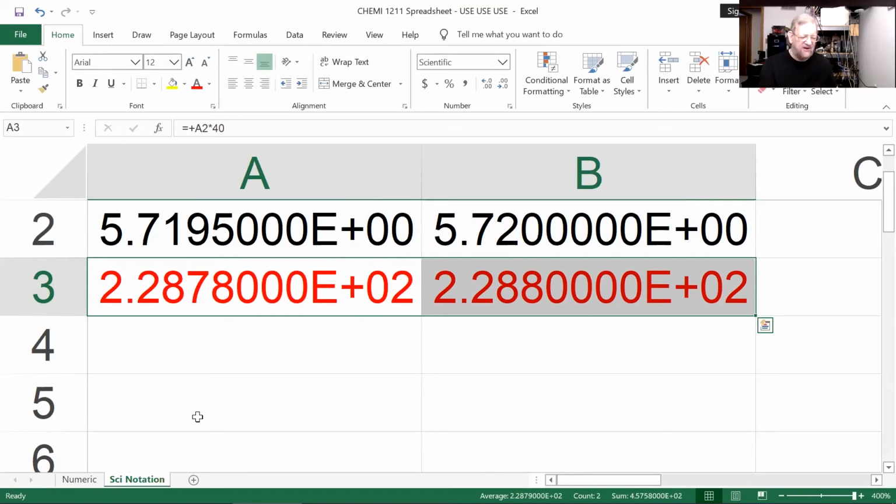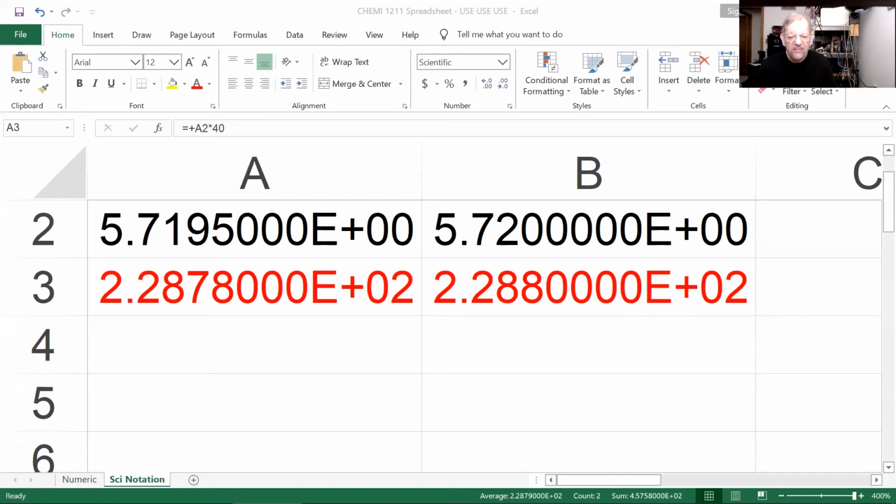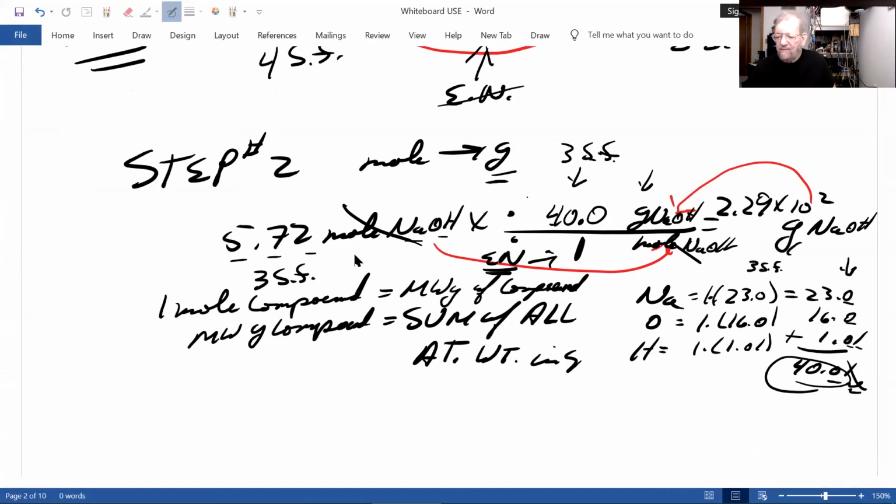And to three significant figures, both would be 2.29 times 10 squared. That's both ways. You round off at each step or at the end.